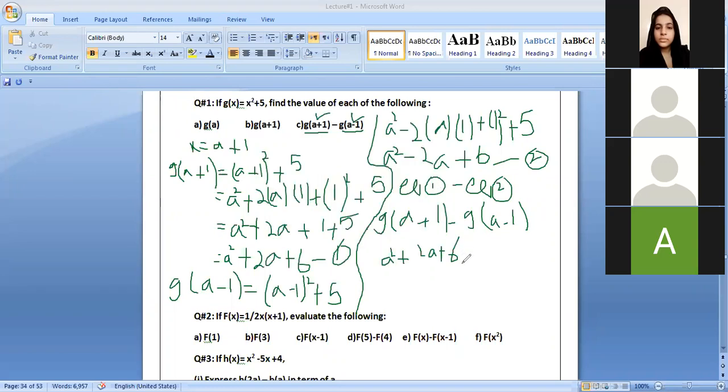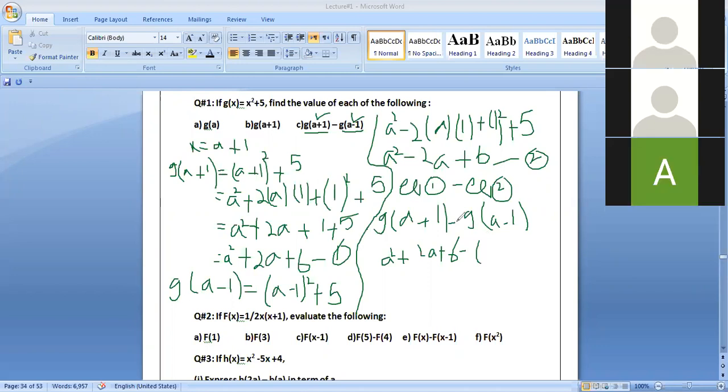Okay. And then minus, in the middle we have a minus sign, and after the minus sign we will write the second equation, a square minus 2a plus 6.